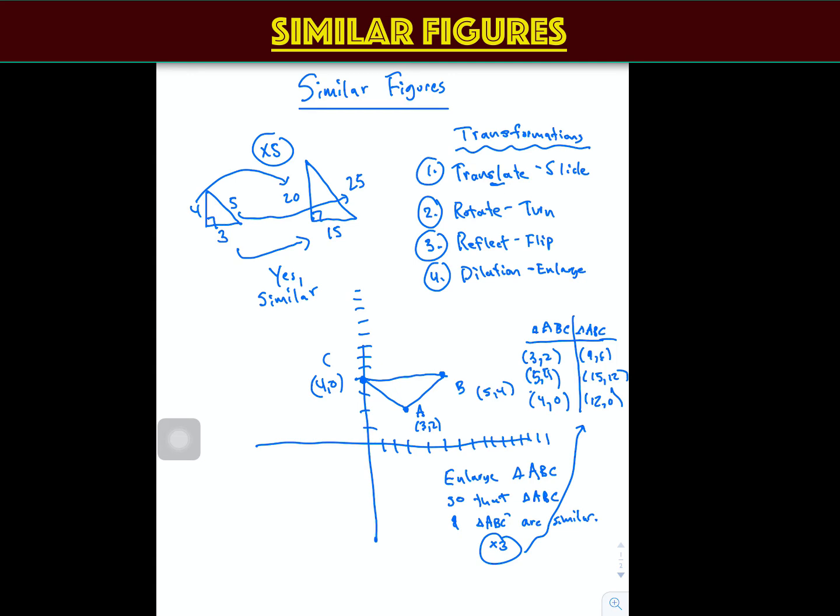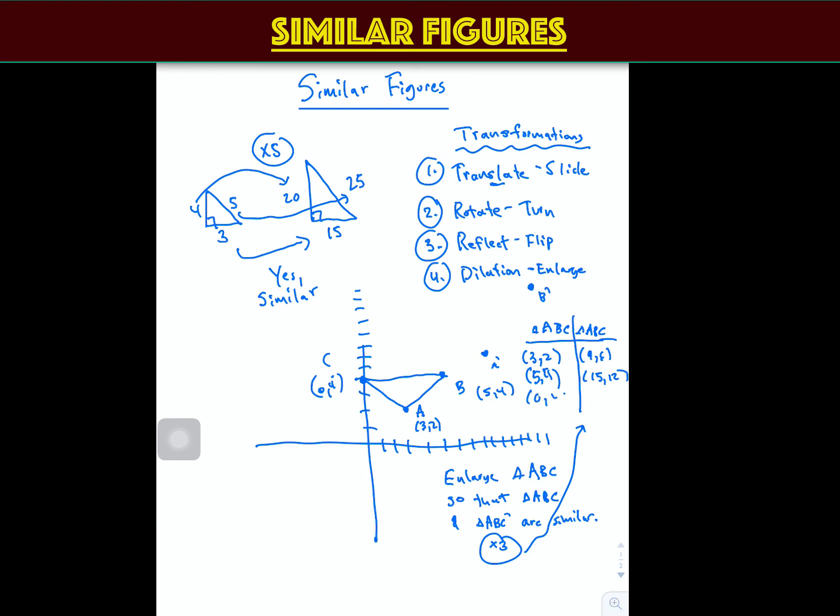First point is going to be at 9, 6, so we have 3, 4, 5, 6, 7, 8, 9. Up 6 for point A. Over 15, up 12 for point B. And I just realized that this should actually be 0, making this 0, 12.